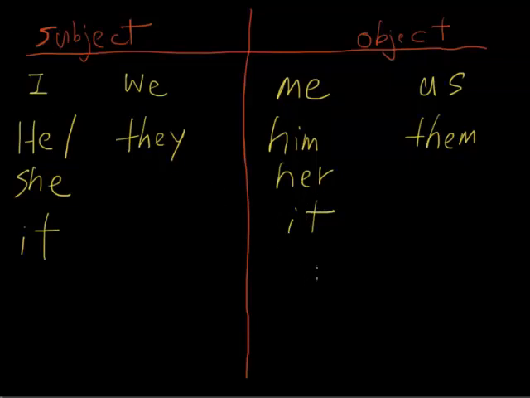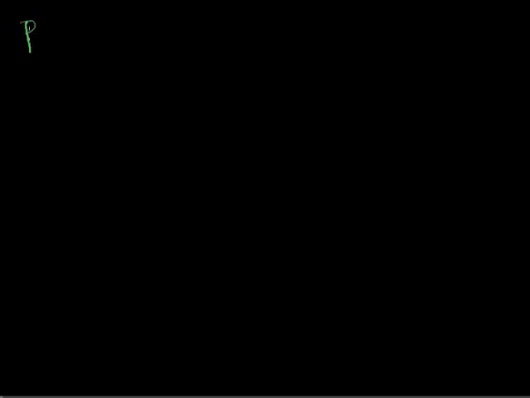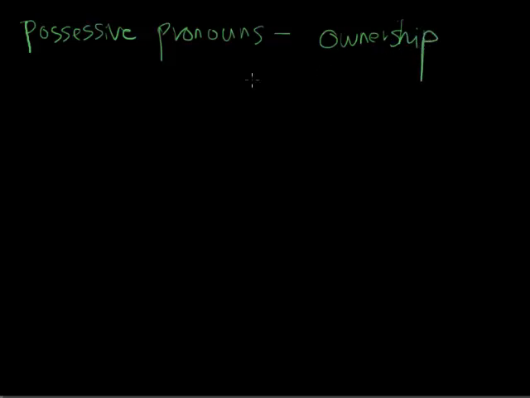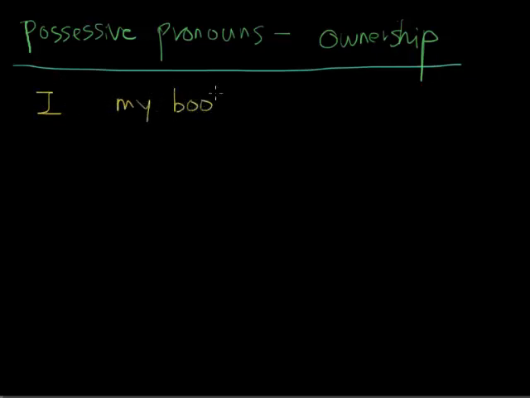Now, on the next slide, we're going to review this topic of possessive pronouns. Okay, so the last part we're going to talk about the possessive pronouns. Okay, so possessive shows possession, and possession means ownership. Belongs to somebody. So for example, let's start out with I. I, and it's my book.